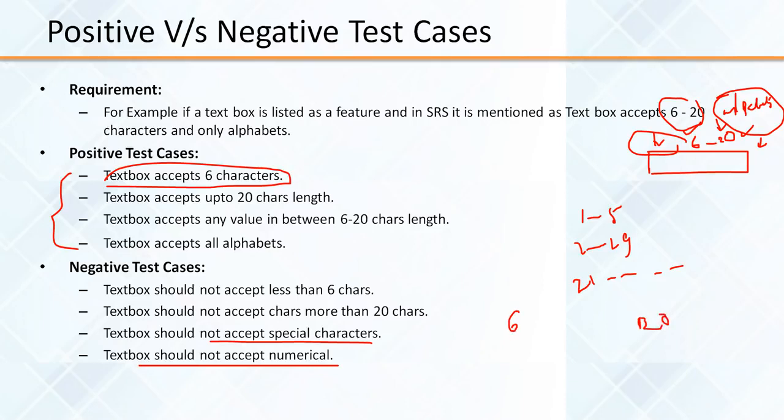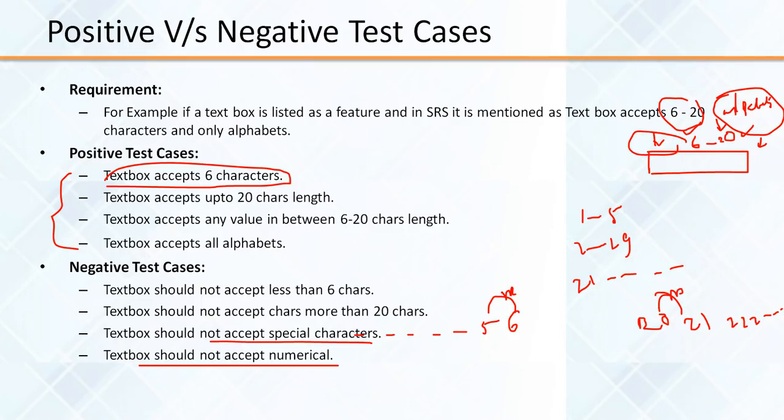If 5 fails, then we no need to check 4, 3, 2 and 1. Similarly, for the maximum, if we check 21 and it fails, we no need to check 22, 23 and so on. And after 6 and 20 we no need to check all the numbers.